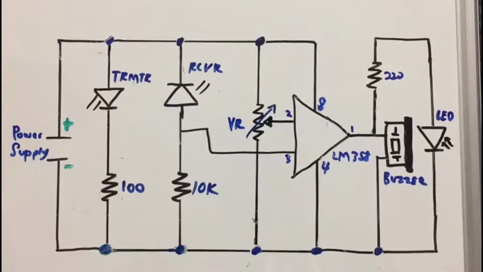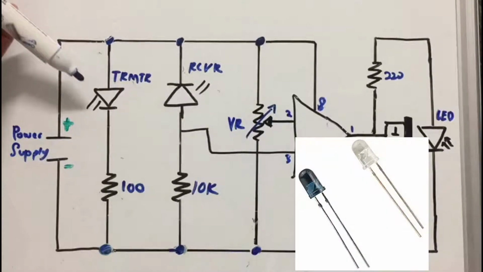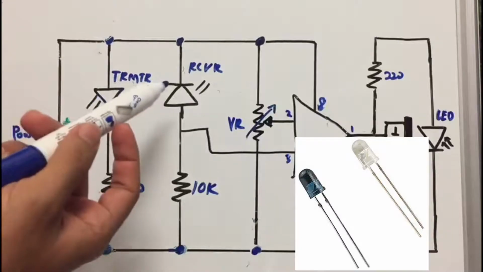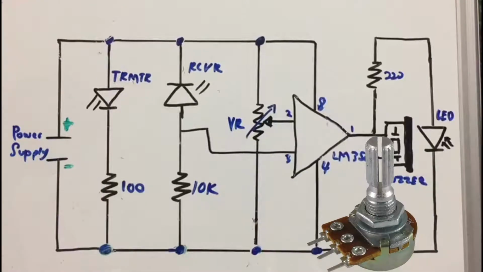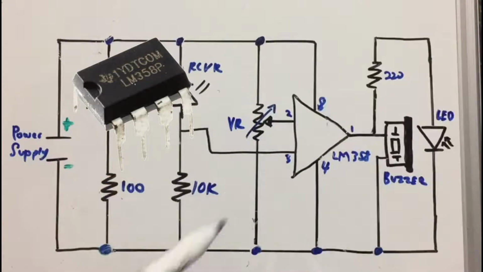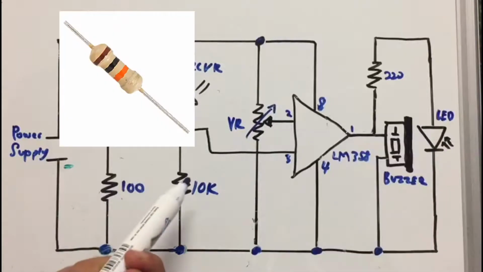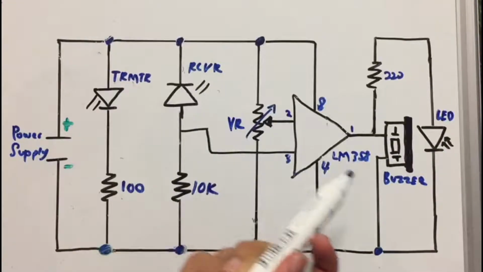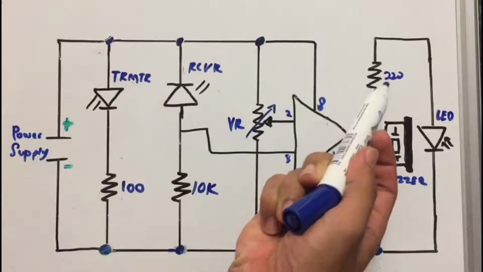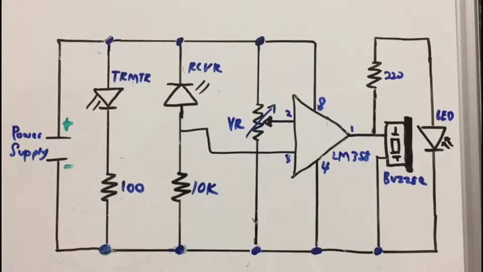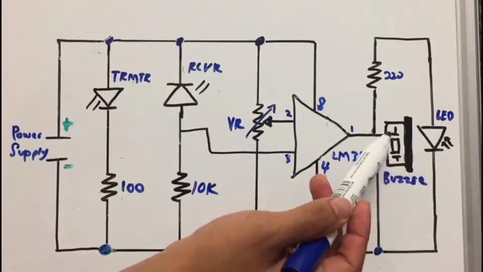In this circuit, we use a power supply from the power bank, the transmitter photodiode, receiver photodiode, the potentiometer, amplifier, and the resistors that we use. We have 100, 10K, and 220 resistors. We also have the output components, which are a buzzer and LED.